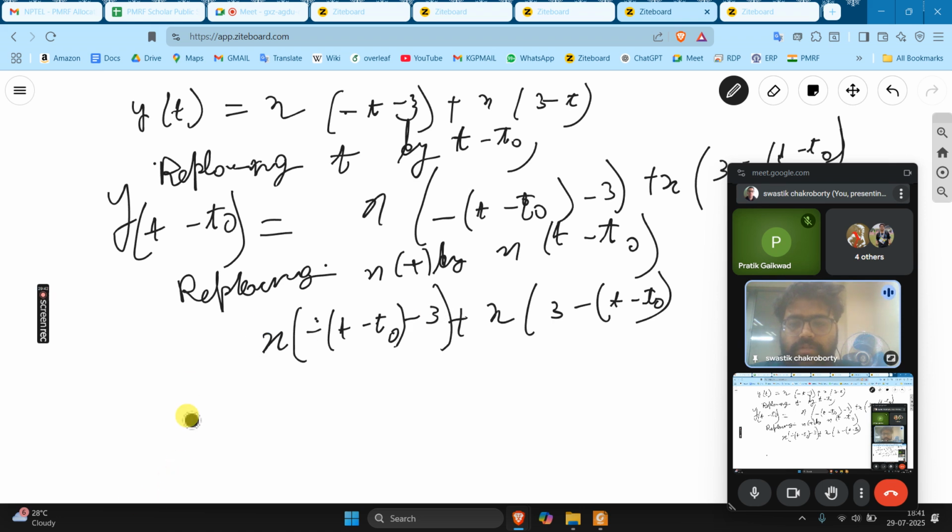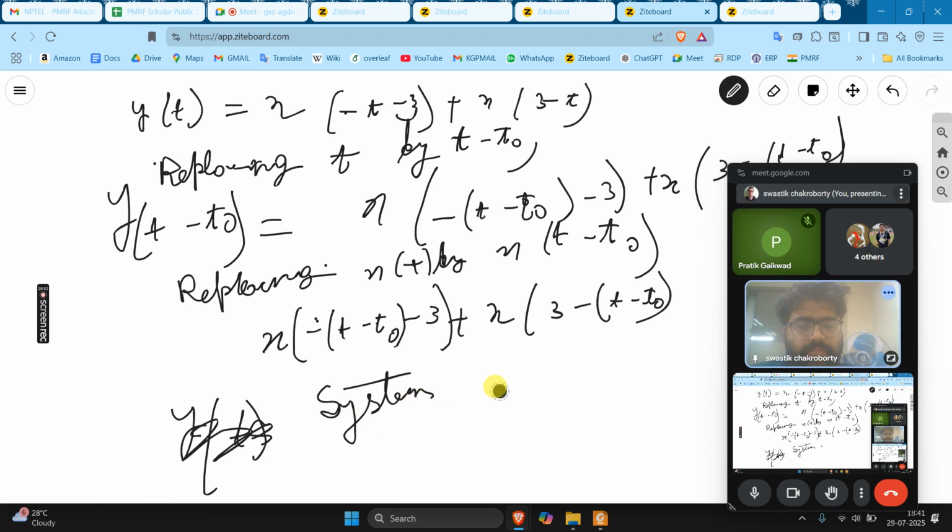Now these two will lead to the same expression. So this system is time invariant.